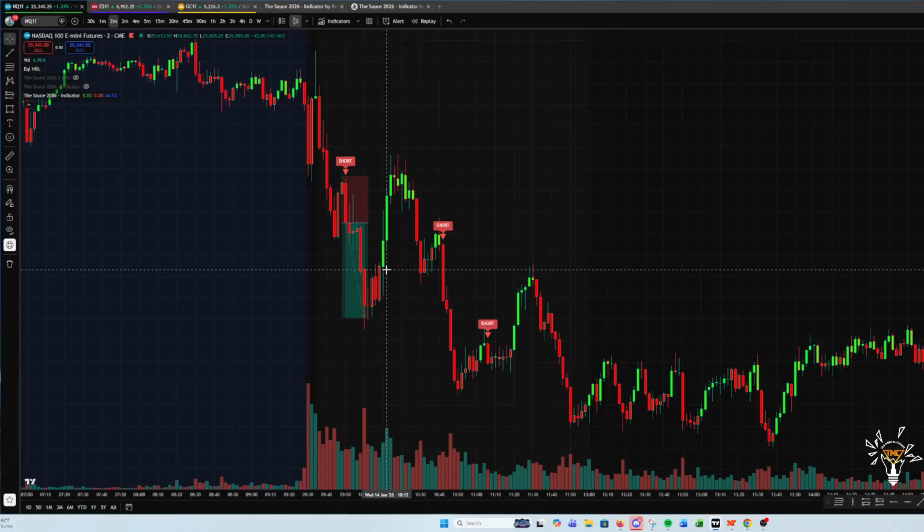Something else to mention here is these settings and this indicator is optimized to trade the morning session in New York, so 9:30 to noon. If you're elsewhere in the world, obviously do the math and figure out what that time is for you. But the first 2.5 hours is all you need.